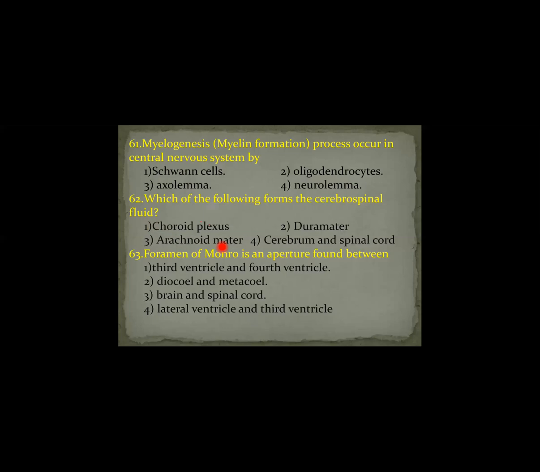The lateral ventricles are connected with the third ventricle through an opening called foramen of Monro. Therefore, answer is fourth option. And the third ventricle is connected with the fourth ventricle through the aqueduct of Sylvius or cerebral aqueduct that passes through the midbrain. But here they are asking about foramen of Monro, the aperture found between the two lateral ventricles and the third ventricle, which is found in the diencephalon.